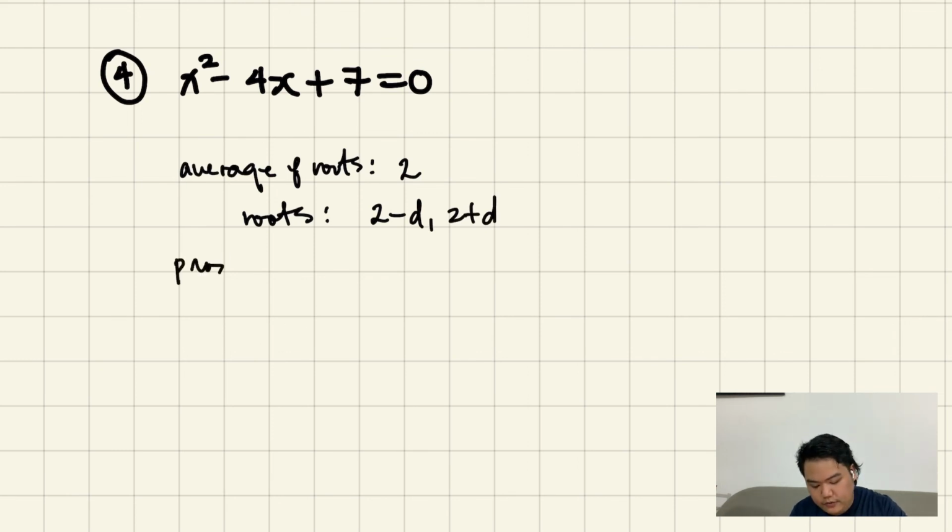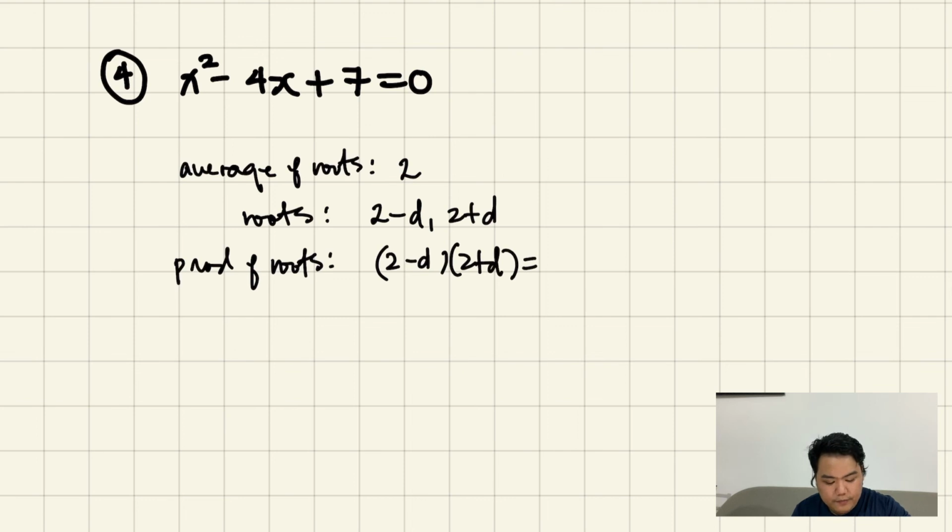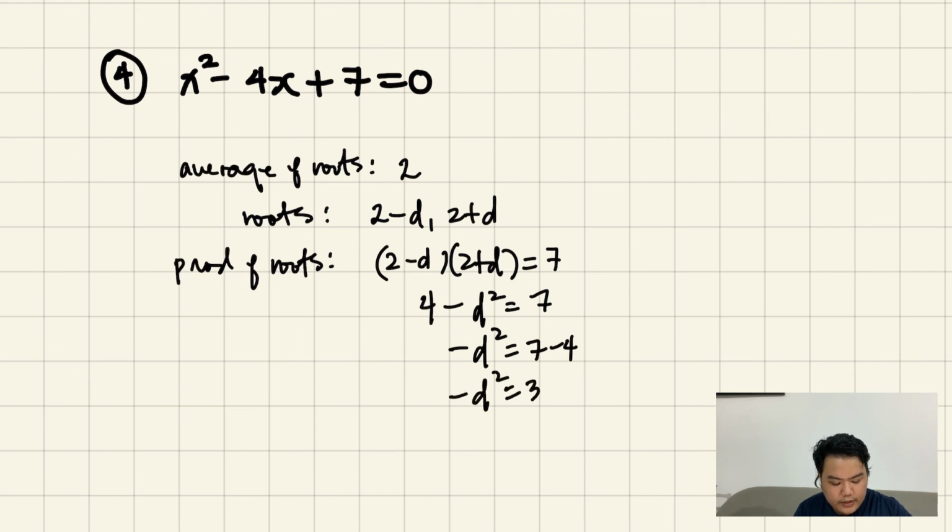And the product of roots, 2 minus d times 2 plus d, which is yung constant term. So, meron tayong 4 minus d square equal to 7. Negative d square is 7 minus 4. Negative d square is 3, or d square is negative 3.